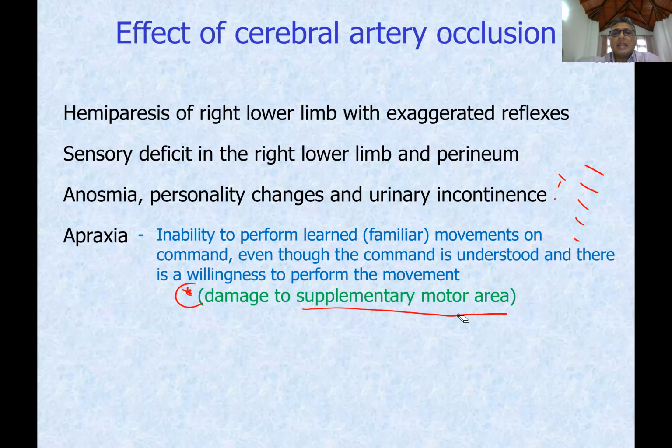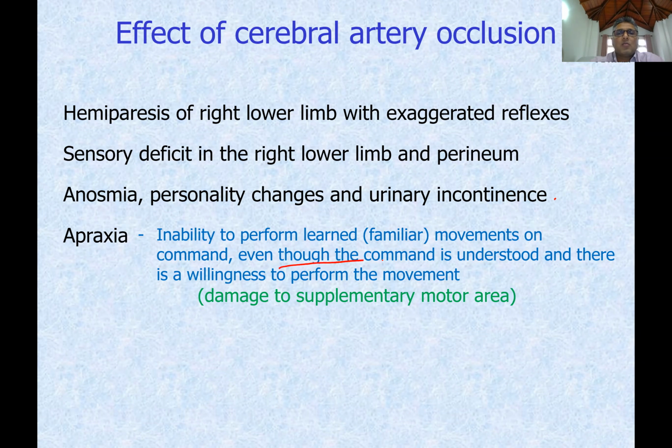When that area is damaged, you get apraxia, the inability to perform learned movements. You might understand the command when someone tells you to do something, and you actually want to respond and do it, but you cannot initiate the movement. So that is apraxia.